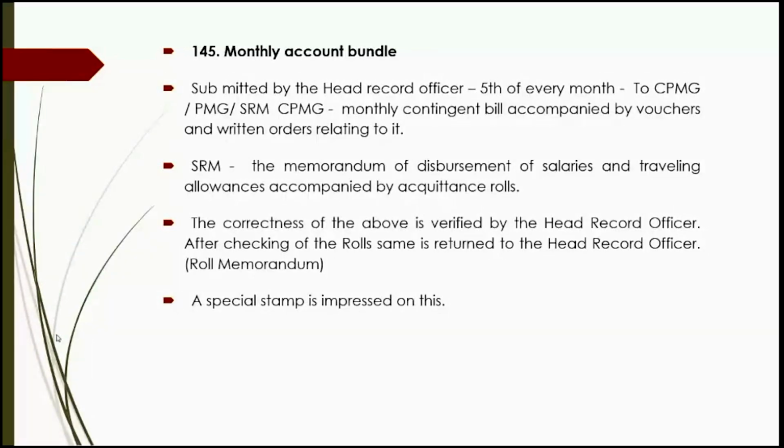For record, a special stamp is impressed, saying that it has been submitted and checked. So the monthly account bundle is submitted by the head record officer on the 5th of every month. That is what you have to remember in this.